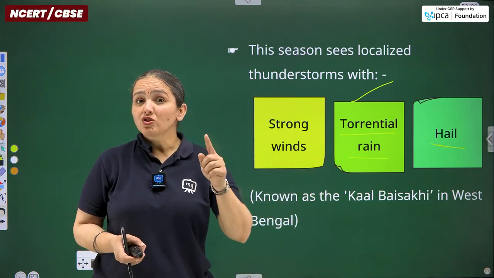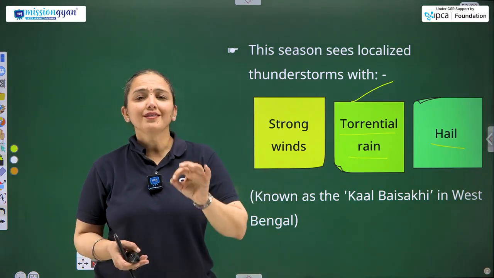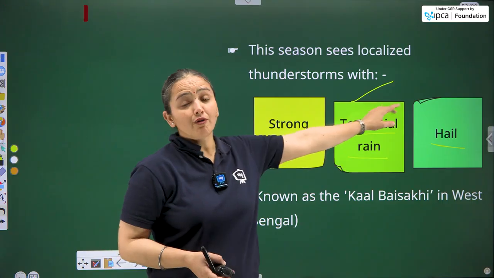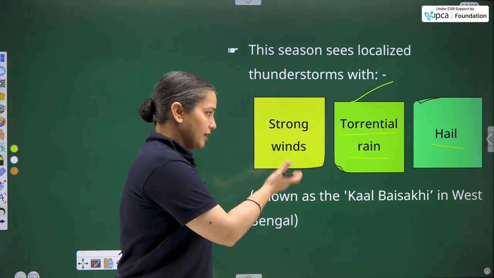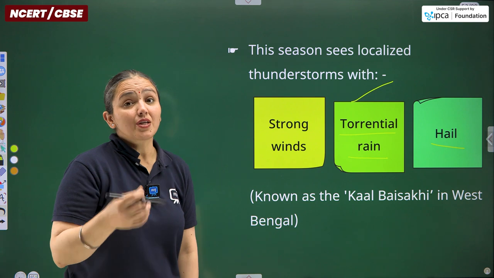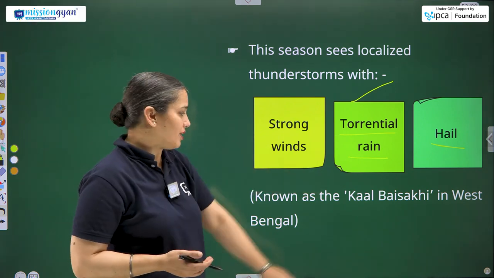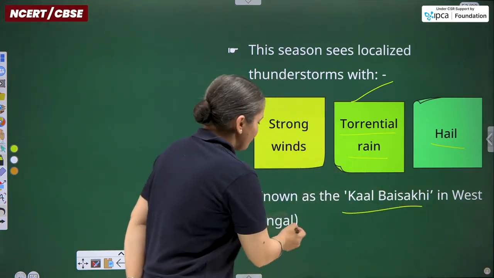Extreme temperature means high temperature, which leads to low pressure. Low pressure means either no winds or the least winds. That leads to heavy rainfall or hailstorms also. There are some varied and prominent names given to such winds that bring heavy rainfall or hail. They are Kal Baisakhi, and they occur in West Bengal.